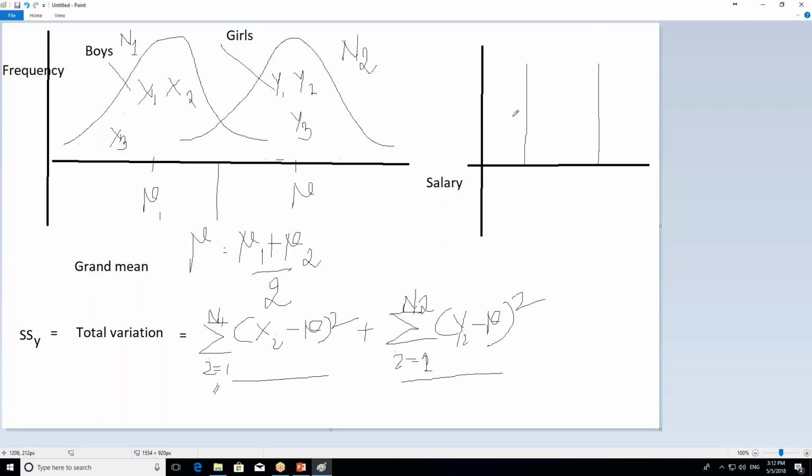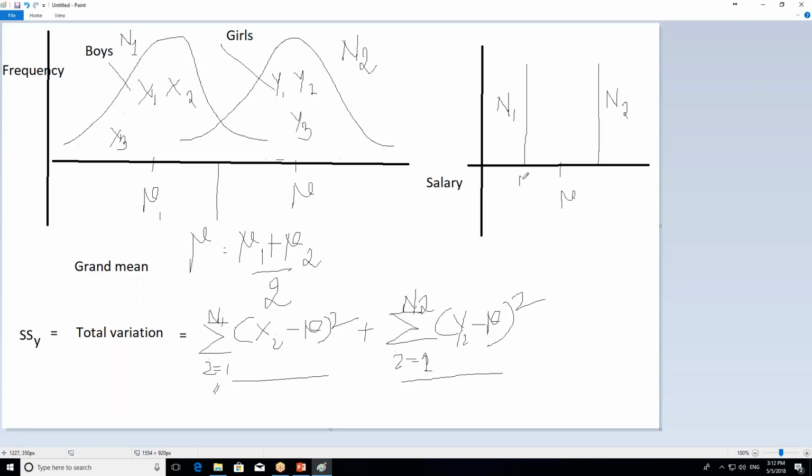How many points are collapsed here? N1 points, isn't it? And how many collapse here? N2 points, right? And what is my grand mean? Mu, right? So what is the difference between your means?